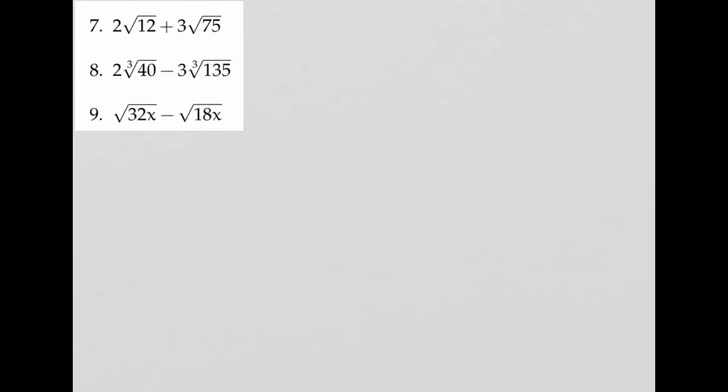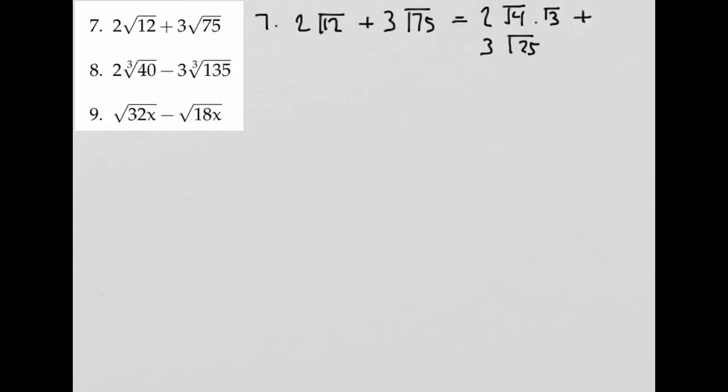Example 7, 2 square root of 12 plus 3 square root of 75. We can write this as 2 times square root of 4 times square root of 3 plus 3 times square root of 25 times square root of 3.